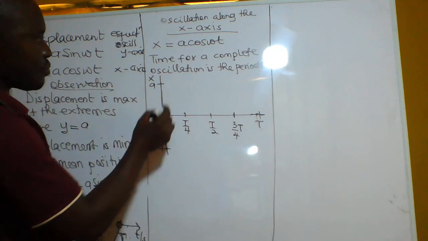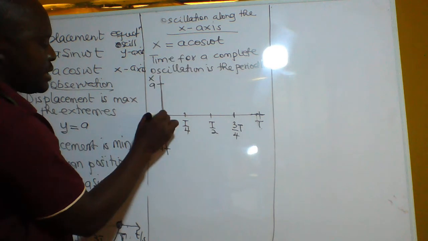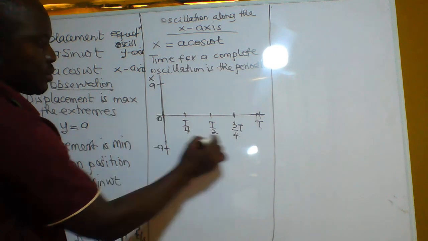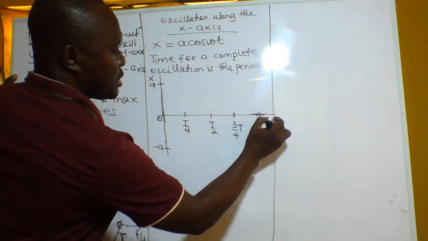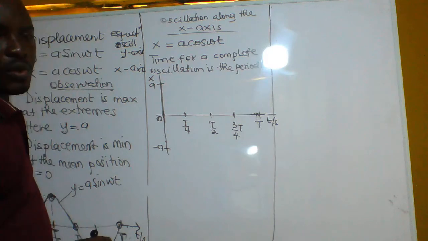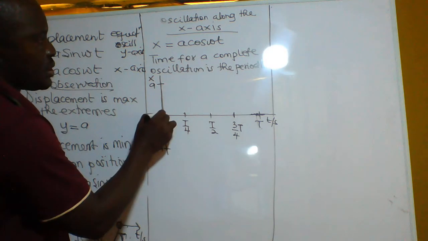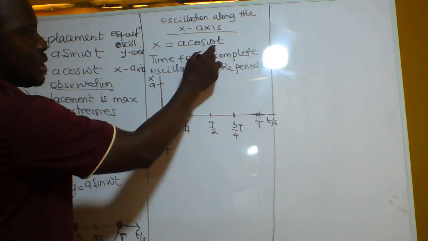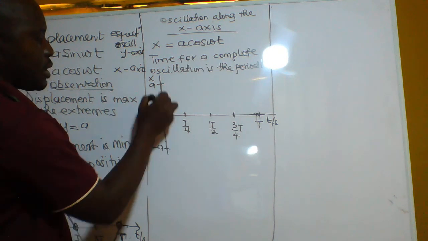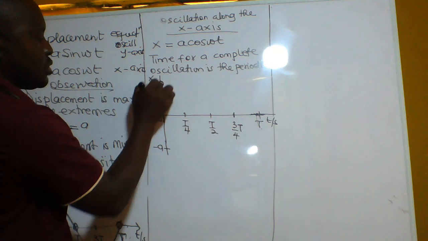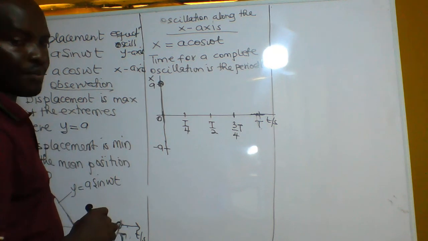At a time t is equal to 0, since cos 0 will be equal to 1, x will be equal to the amplitude, positive.